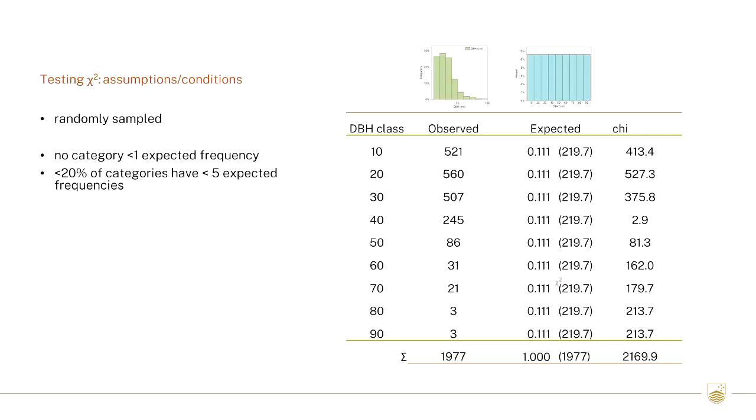Now there are assumptions and conditions that we have to bear in mind. The same condition that we've seen so far. Again, coming back to what we talked about at the start of the lecture around n and the nature of n, how n is obtained, the assumption here is that our observations are randomly drawn. But there are also some assumptions around how many expected outcomes we expect to see in each of these categories.